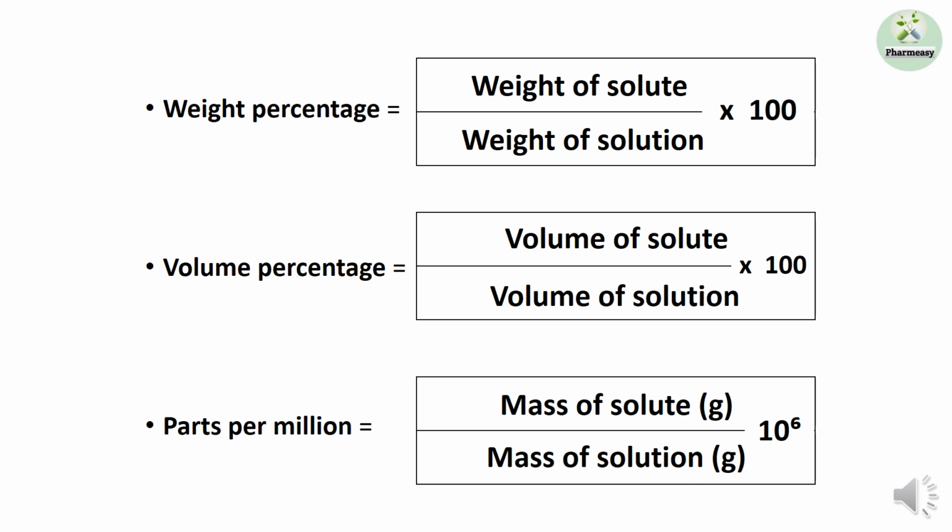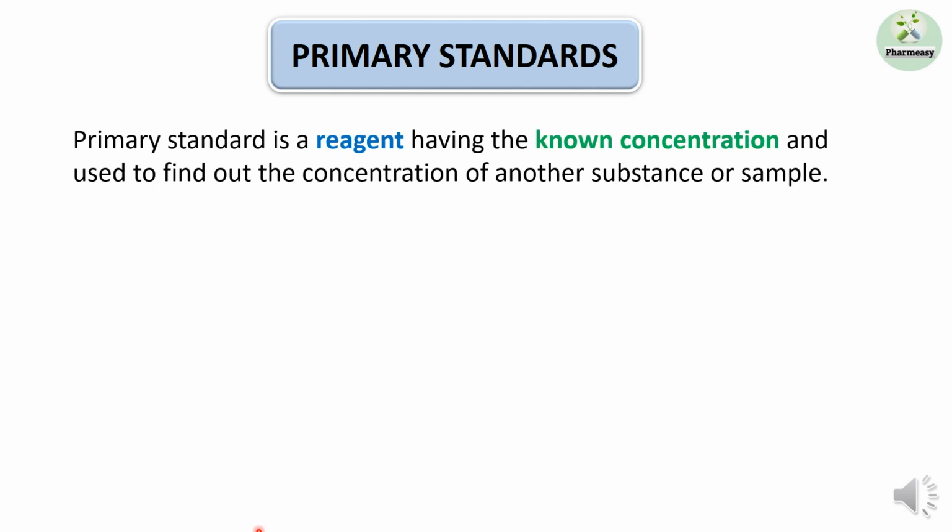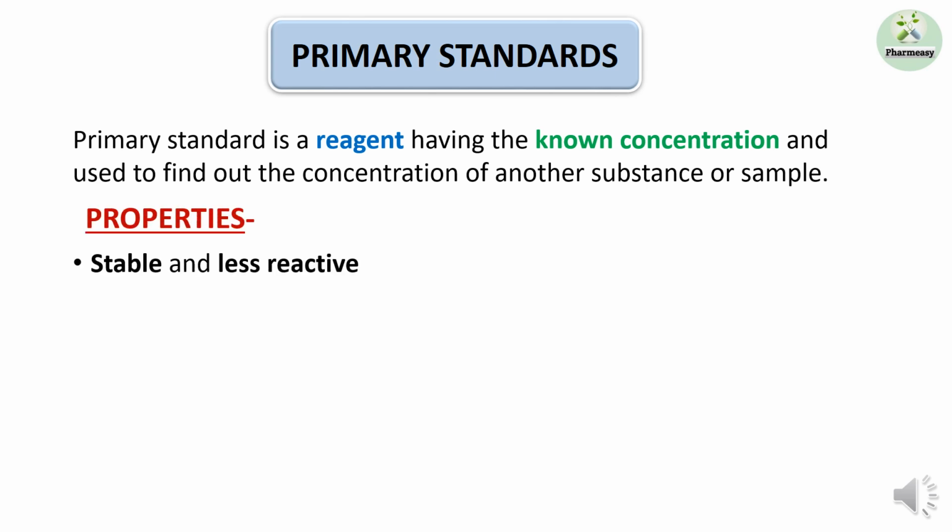Next topic is primary standard. Primary standard is a reagent having a known concentration and used to find out the concentration of another substance or sample. Properties of primary standard solutions are that they are highly stable and less reactive.